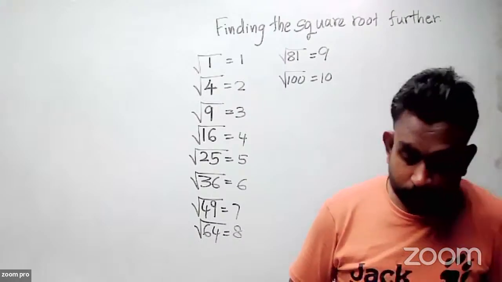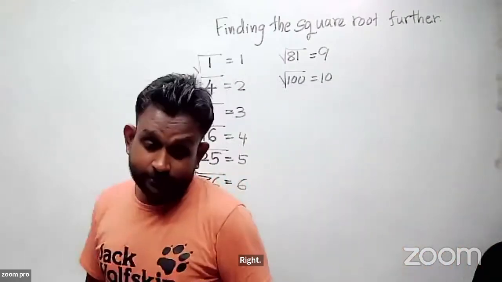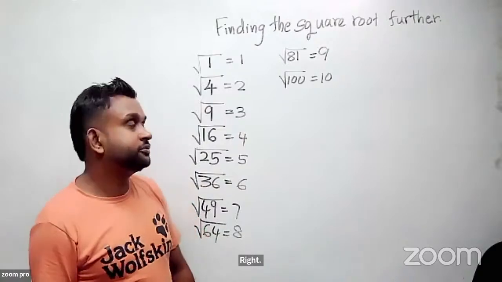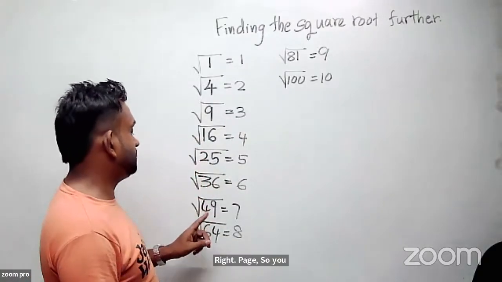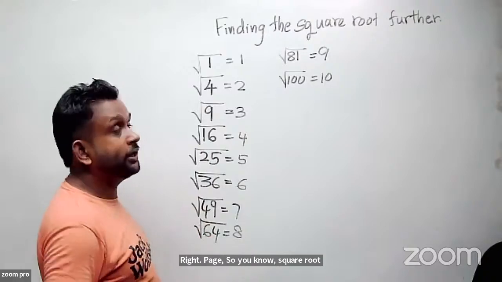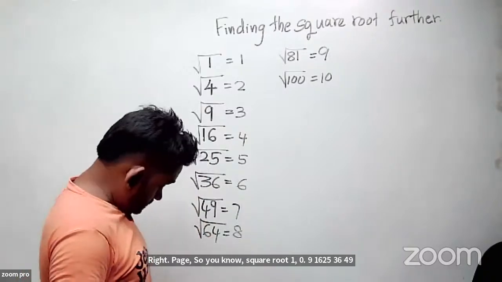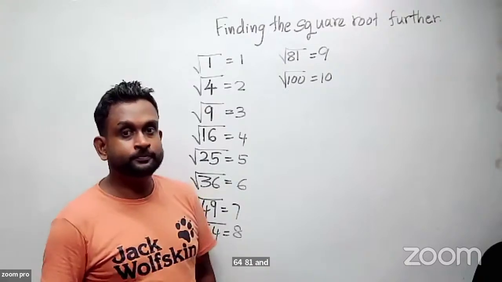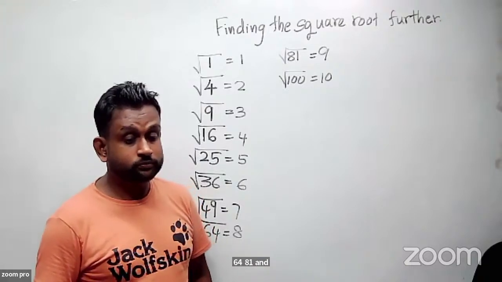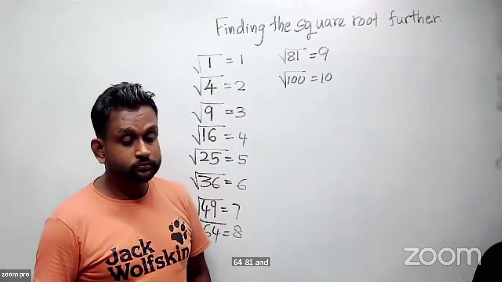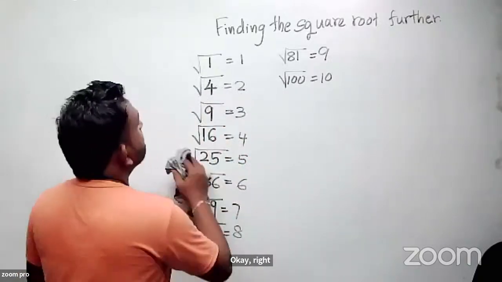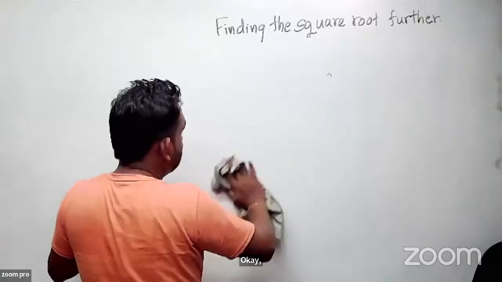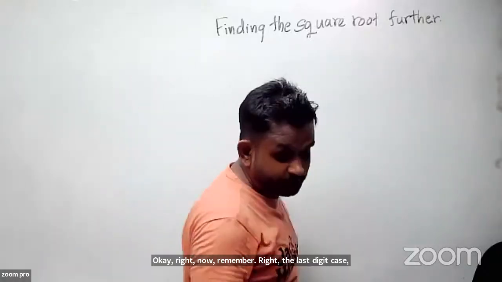Finish writing. So you know square root of 1, 4, 9, 16, 25, 36, 49, 64, 81 and 100. Okay. Right. Now further remember the last digit cases of the perfect square.